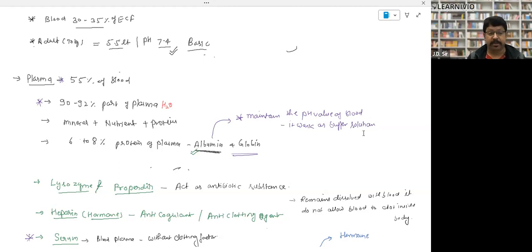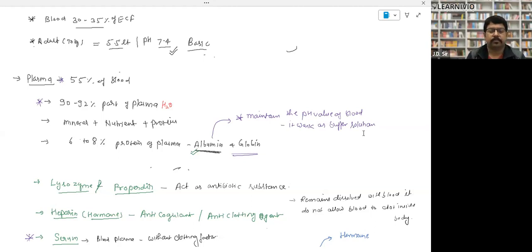Albumin protein is already present in our blood, right? It resists the change of the pH value and converts them into basic components. So basically, it is the albumin protein which maintains the pH value basic, right? It does not allow our blood to get acidic because of whatever we have eaten that is acid. Did you get that? Yes, sir.